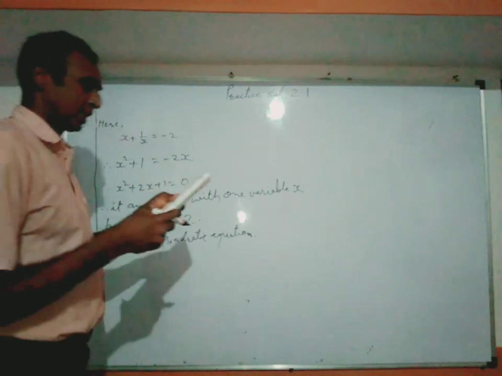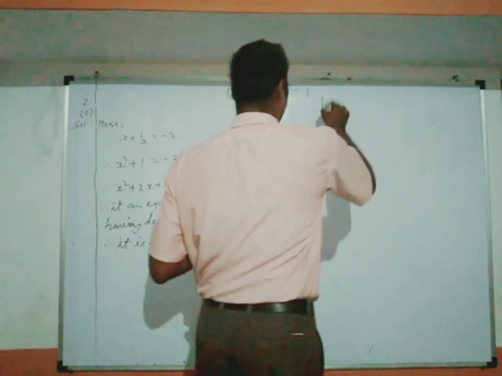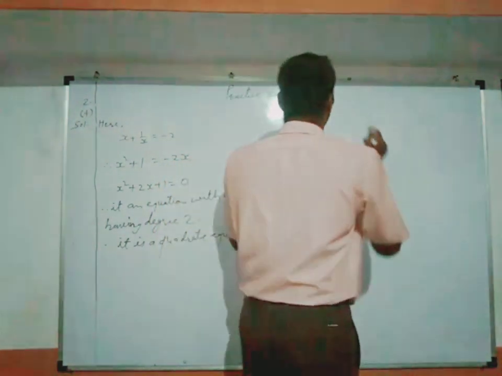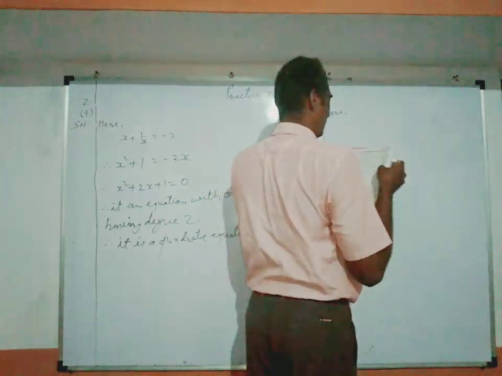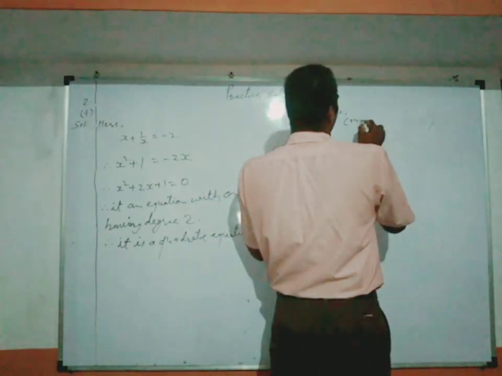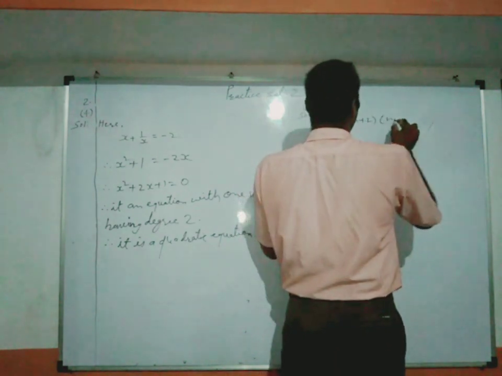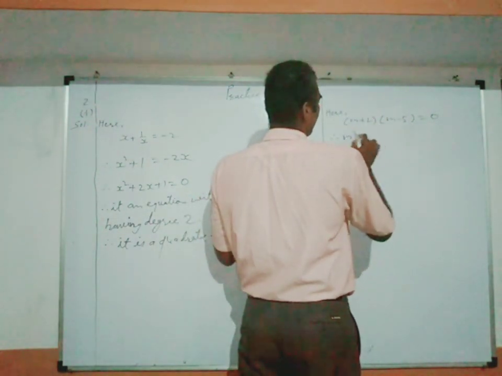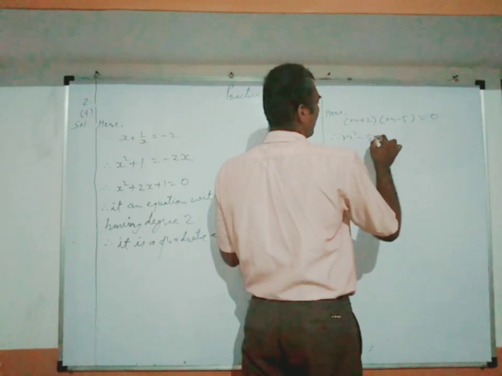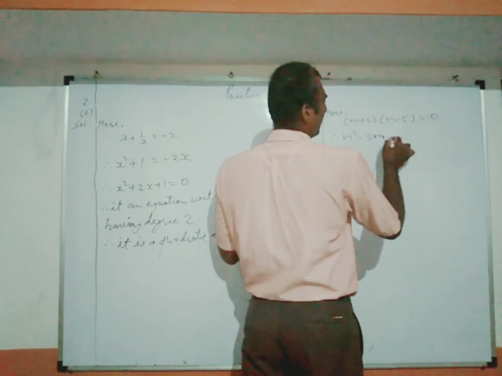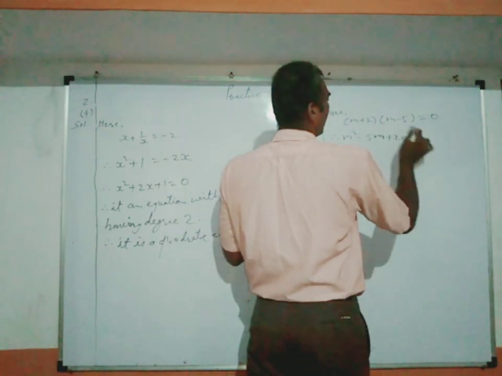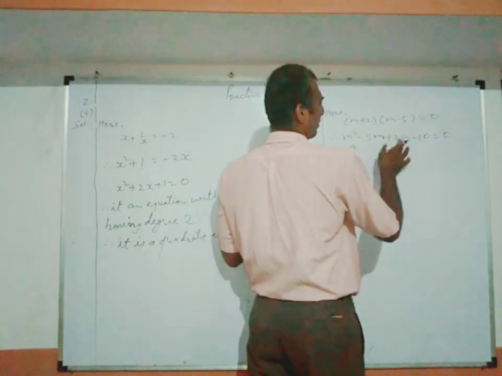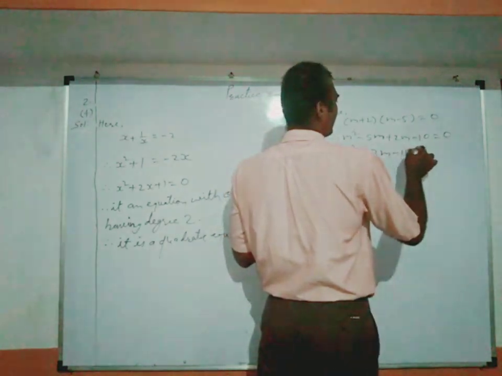Similarly, we may solve fifth and sixth. Number 5. Solution. Here, m plus 2 into m minus 5 equal to 0. Therefore, m into m gives us m square, m into minus 5, minus 5m. Now plus 2 into m, plus 2m. Plus 2 into minus 5, minus 10 equal to 0. Therefore, m square minus 5m plus 2m, minus 3m, minus 10 equal to 0.